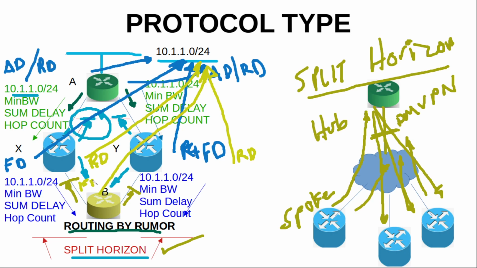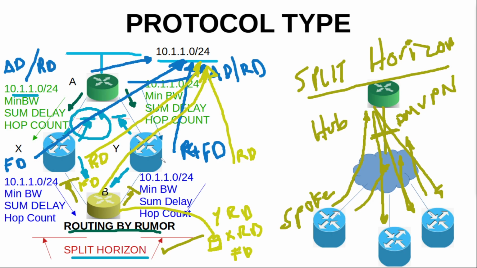All this information is going to be stored in the EIGRP topology table. So router B will have its EIGRP topology table with router Y reported distance, router X reported distance, and the feasible distance.